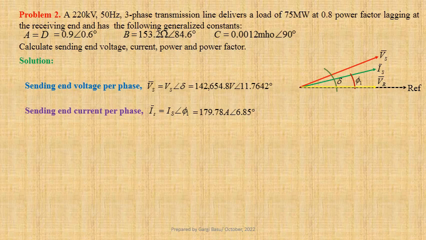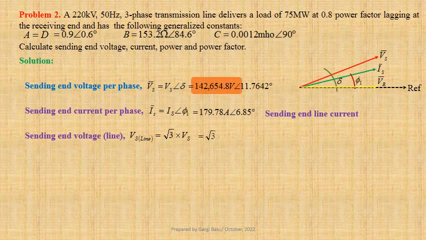For star connected system, sending end current per phase equals sending end line current, and line to line sending end voltage Vs line equals root 3 times Vs, that is equal to root 3 into 142,654.8, which is approximately equal to 247 into 10 to the power 3 volts or 247 kilovolts.